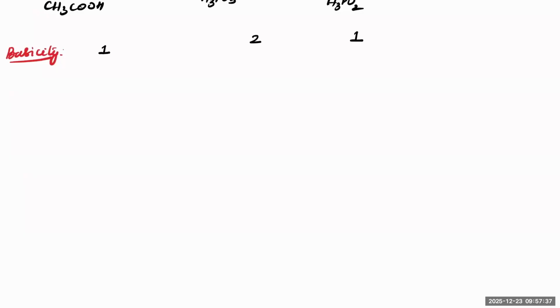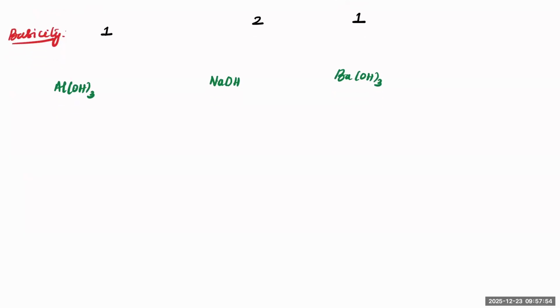Likewise, suppose I have Al(OH)3, NaOH, Ba(OH)2. If you check its ability to release OH minus, what does it become? Al3+ plus 3 OH minus.